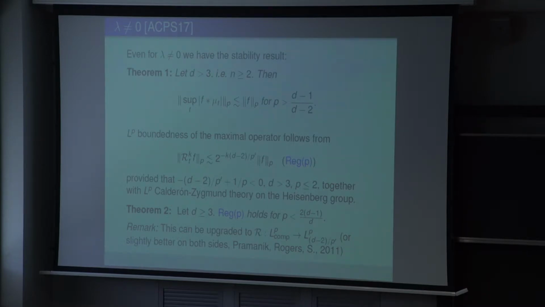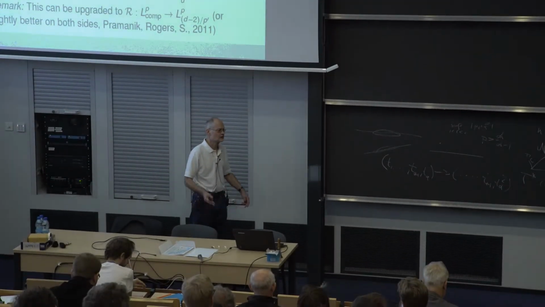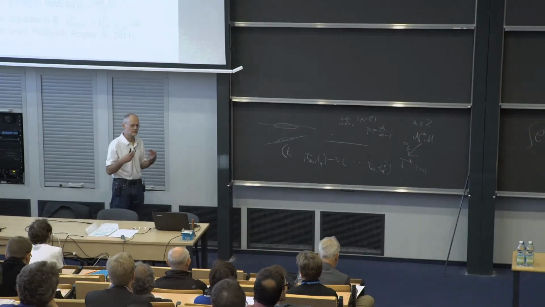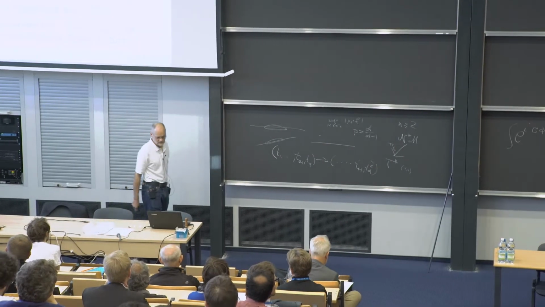Now, the LP boundedness of the maximal operator still follows from a regularity result, but it is no longer a good regularity result on L2. It is a regularity result on LP, which cannot be obtained by some interpolation between L1 and L2. So we have to work with LP directly, and we'll see what that is.